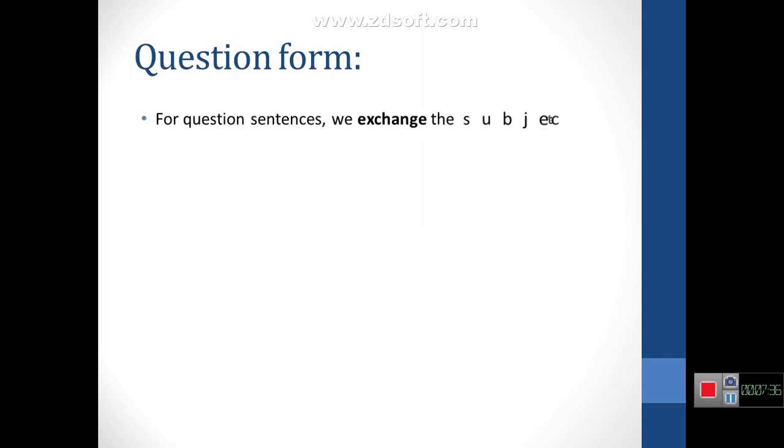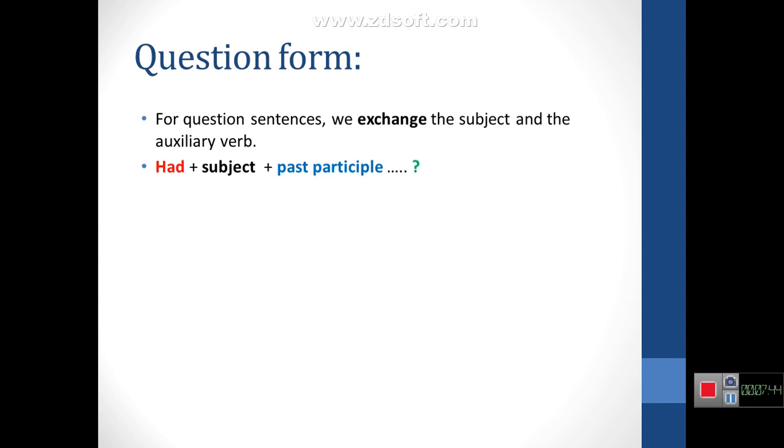Okay, guys. What about the question form? For the question sentence, we exchange the subject and the auxiliary verb. I mean, the subject and had. Had plus subject plus past participle. And don't forget question mark.